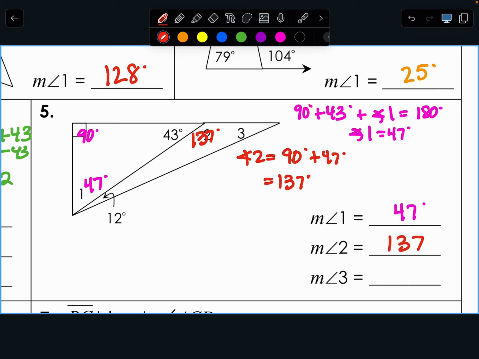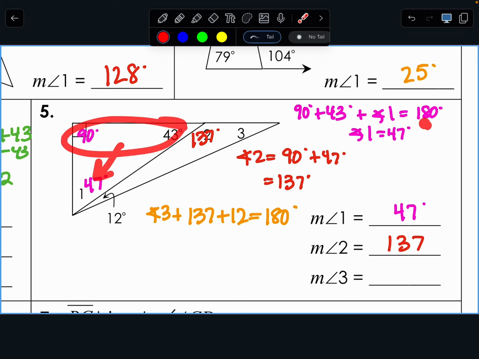And then to find angle 3, I'm going to say that angle 3 plus 137 plus 12 equals 180 degrees, right? That's a triangle. So the first time we said that I knew these two, so I could find this one because a triangle equals 180.